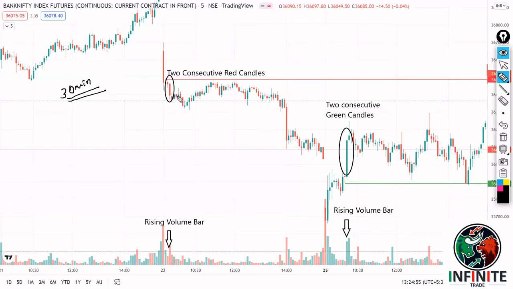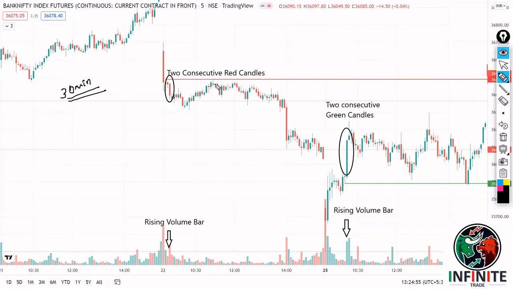So this time, see, after these two candles, we almost have 1 2 3 4 5 6 7 8 9 10 11 12 13 14 15 16 17 18 19 20. It took 20 candles, which is about 100 minutes, so almost 2 hours to reach this particular resistance again.